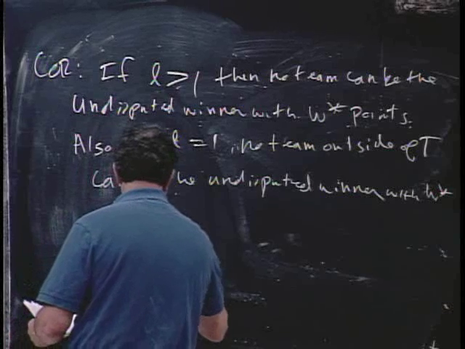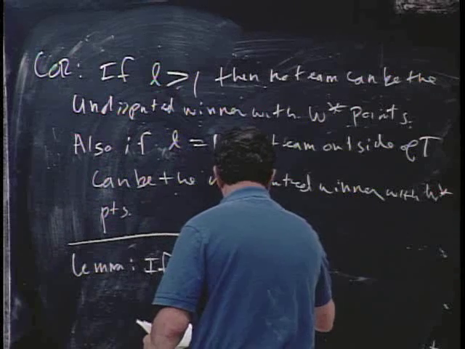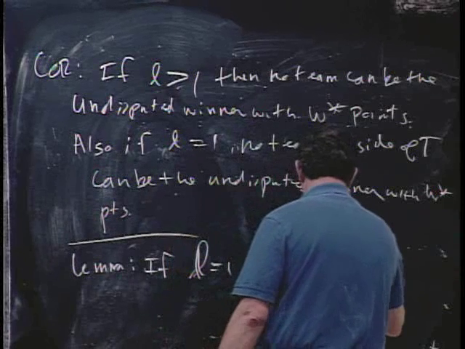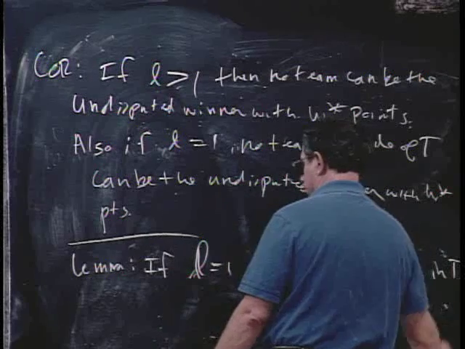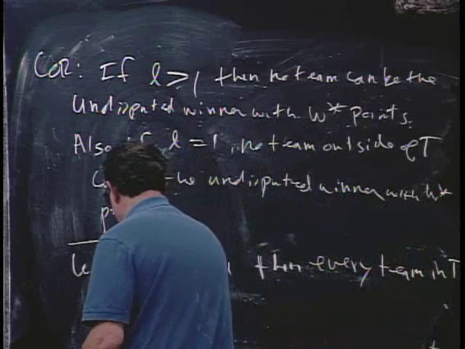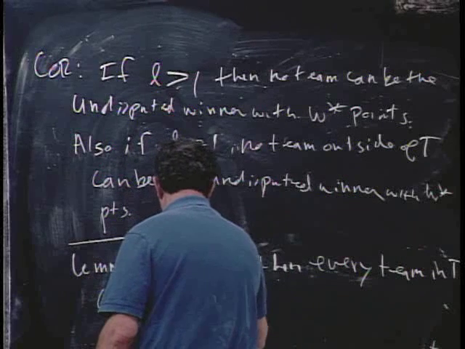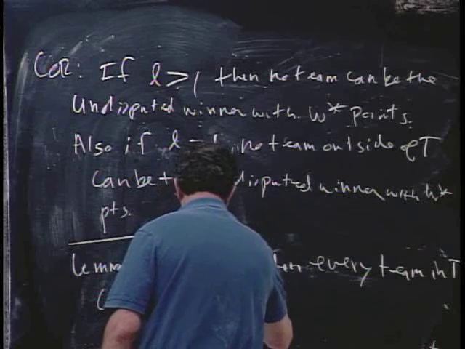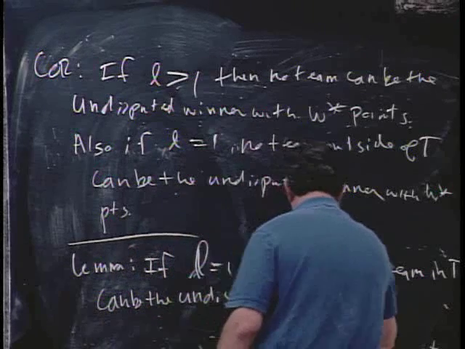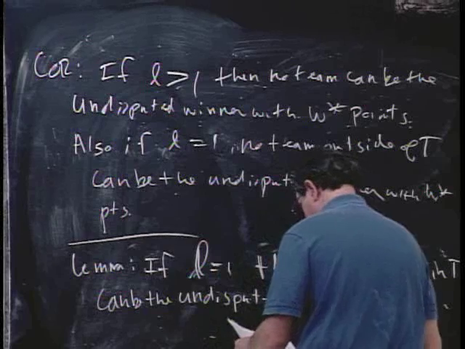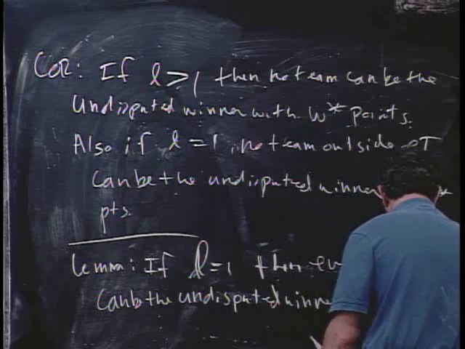If L equals 1, then every team in T can be the undisputed winner with W star points.